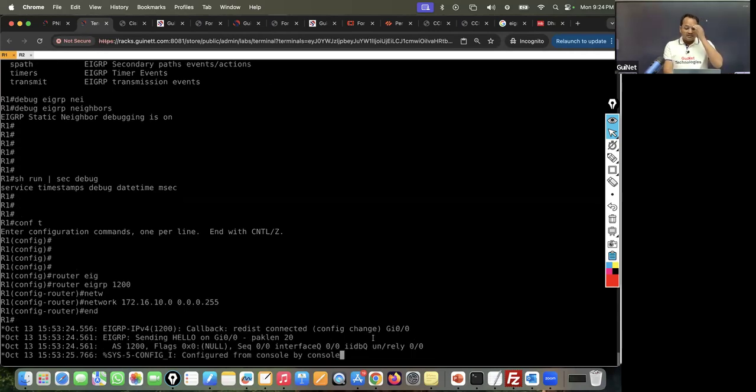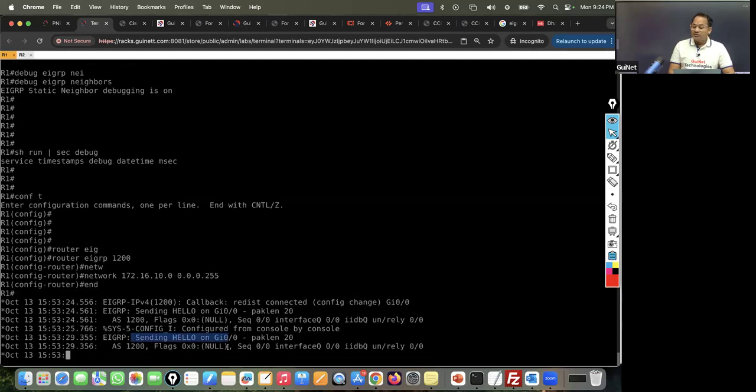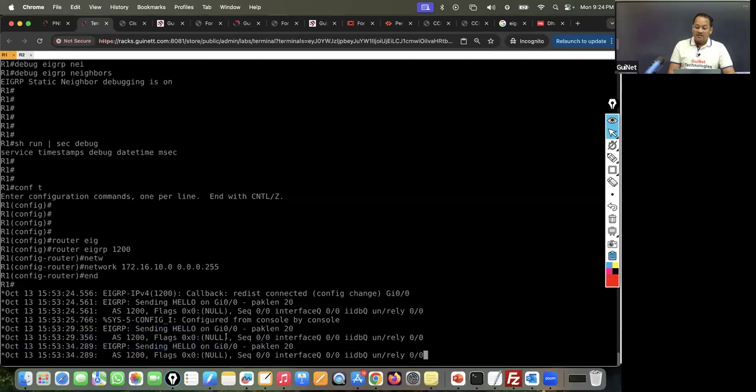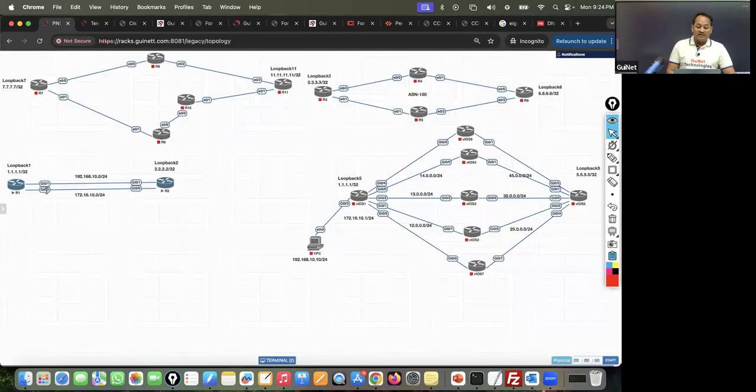See, it is sending hello. On which interface? On the interface gig 0/0. The moment I enable the EIGRP, it's sending hello to this interface gig 0/0, because we enabled that network which is configured on the gig 0/0.